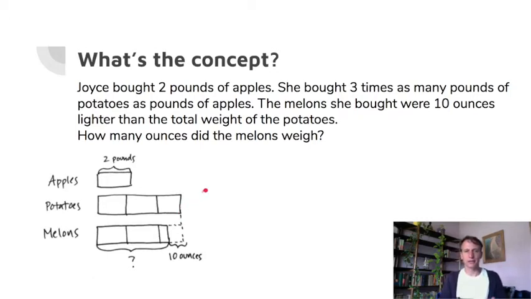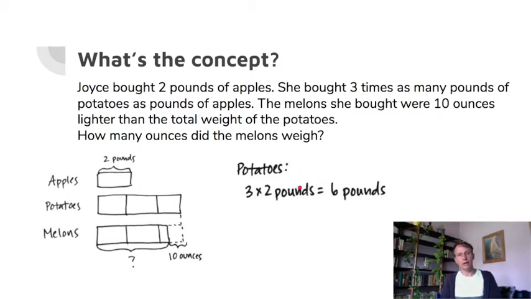Let's start off with the potatoes. Straightforward math there, right? 3 times as much times 2, it's 6 pounds. Great. Okay. Now, couple of ways we could do this here. What I'm going to do, because we have to put the final answer in ounces anyway, is just convert it to ounces now. 6 times 16. Well, you can do this in your head.